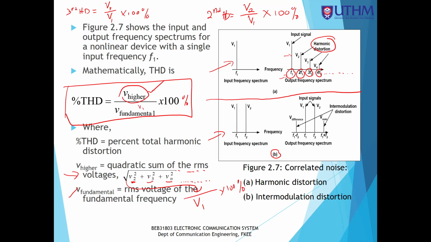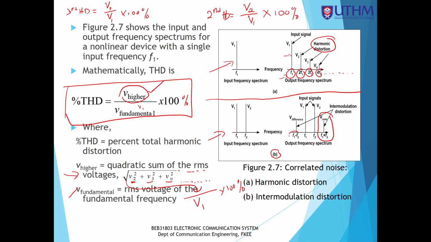What is unwanted sum and difference? Unwanted sum is the upper frequency harmonics, which is located at frequency F1 plus F2. The word sum here is referring to the frequency summation, the upper bound harmonics. And the difference is located at F1 minus F2.